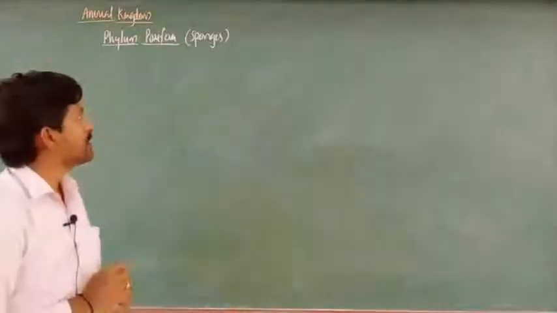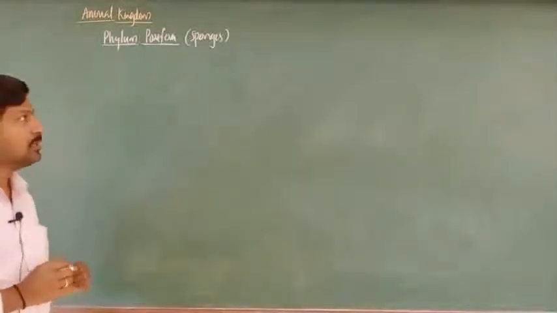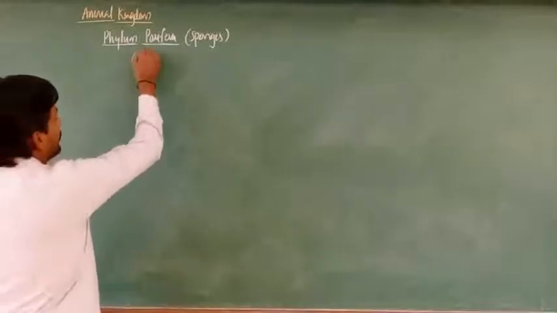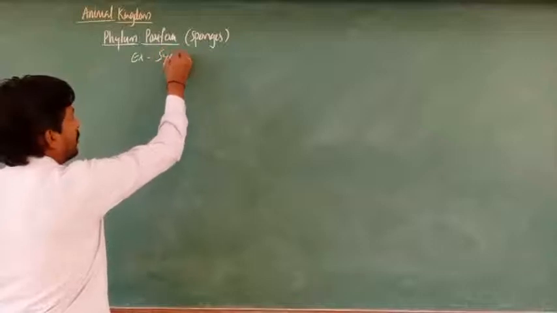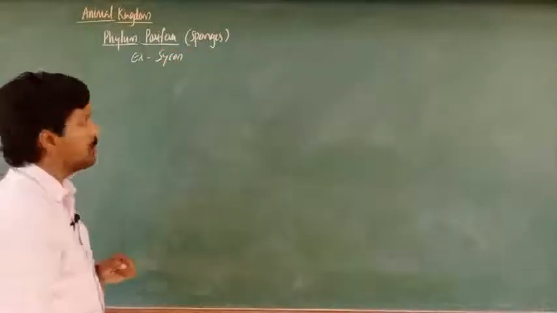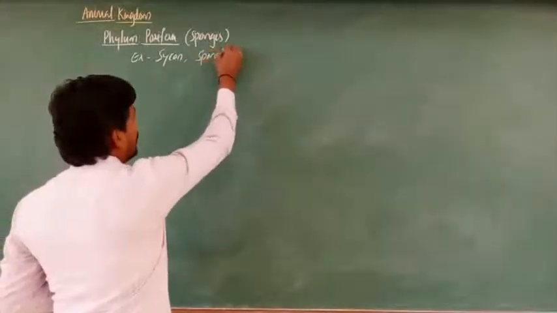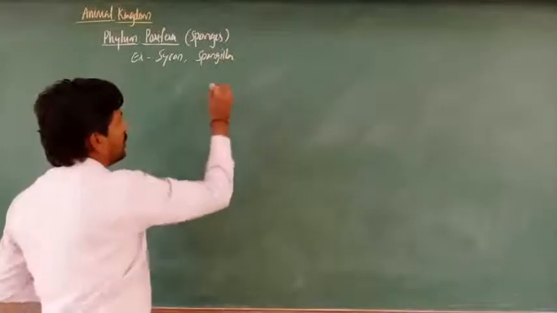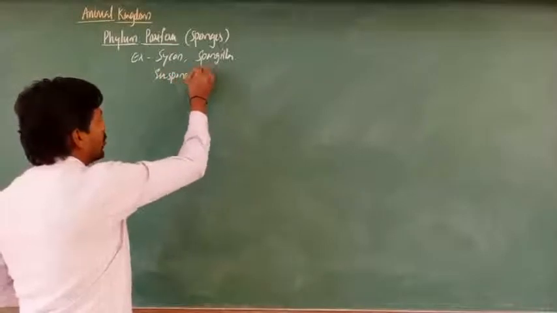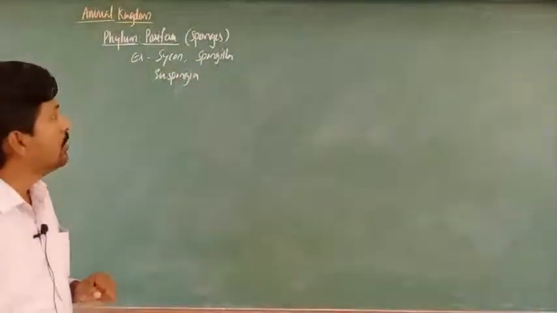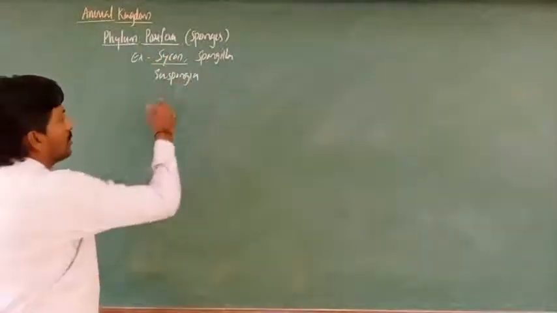Let us see the structure of one example we will take, that is Cycon, also called Scypha. There are many examples we can take: Cycon, Spongilla, Euspongia, and many others.